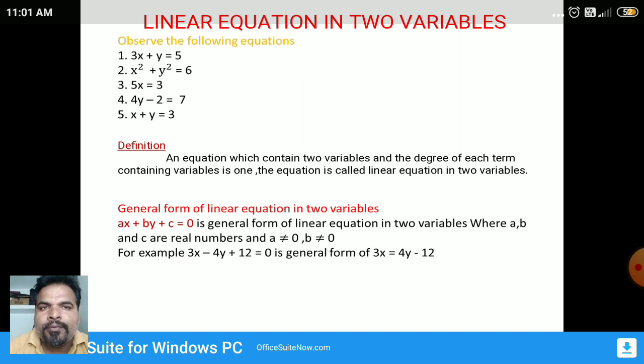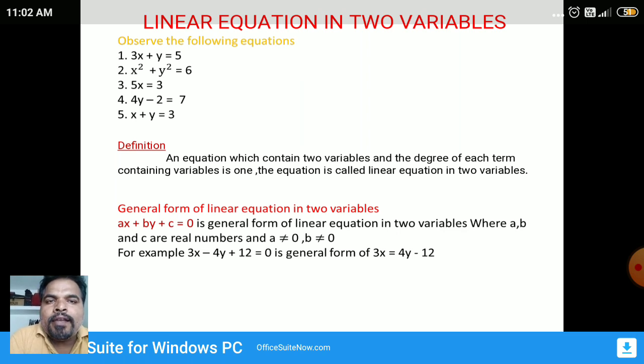two variables? In the first equation there are two variables, x and y. In the second equation there are also two variables, x and y. The third equation contains one variable, that is x. The fourth equation also contains one variable, that is y, and the fifth equation contains two variables, x and y.